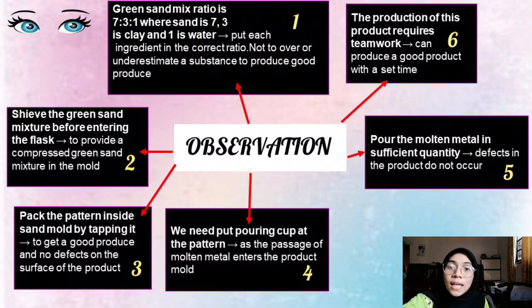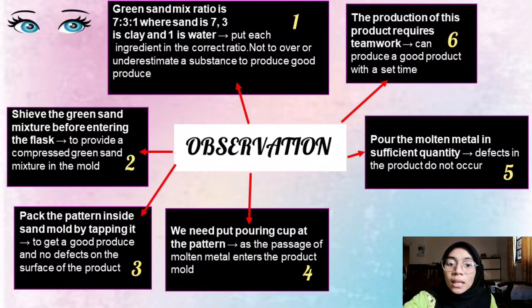Next, in sand casting, we put a pouring cup at the pattern, because the pouring cup provides a passage for the molten metal to enter the product mold.